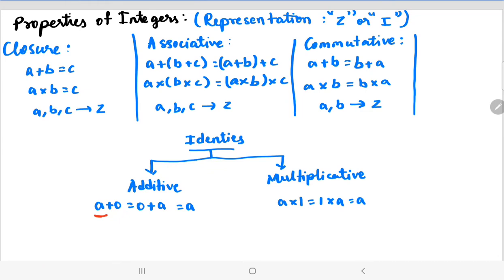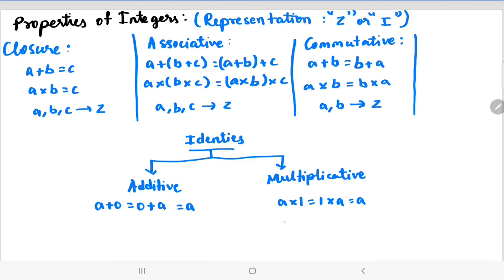Let us take an example for this. If we take A is equal to 4, 4 plus 0 is equal to, we can write this also as 0 plus 4, which is 4. Right. If you take 4 in your fingers and 0, which means nothing, then you get the answer as 4 only, right? So this is according to the additive identity under the integers.